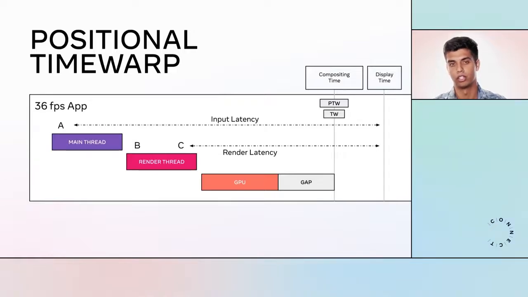Remember the point we said earlier about how our composition is still running at full frame rate, even though the app is at half frame rate? The beauty of PTW is that it's of course happening inside the compositor. So every single frame which is composited to the display will benefit from this positional latency correction.